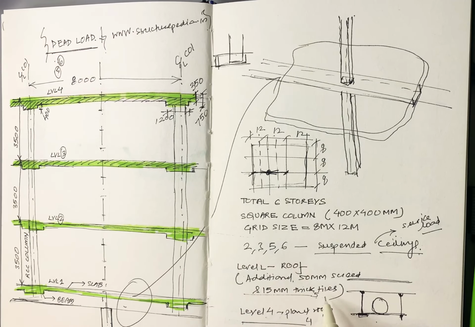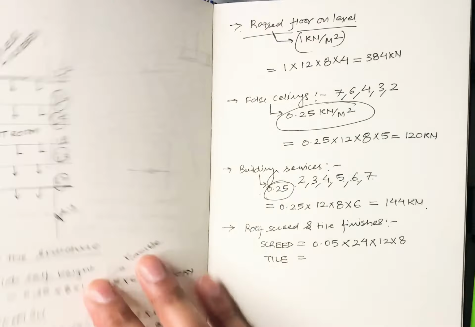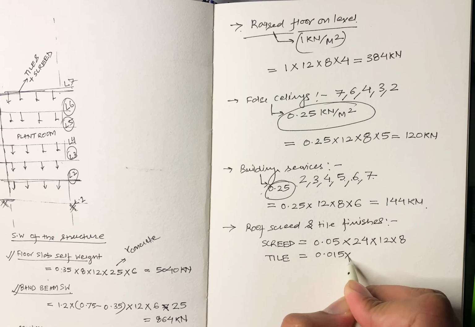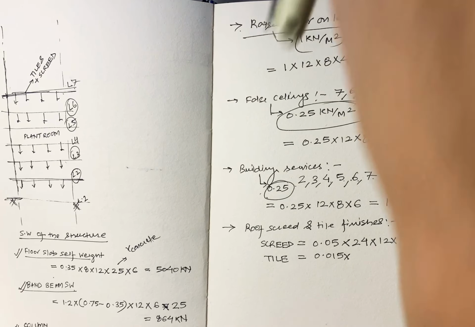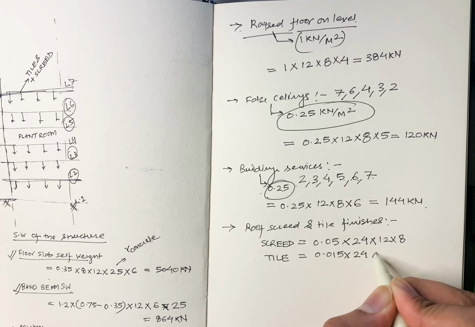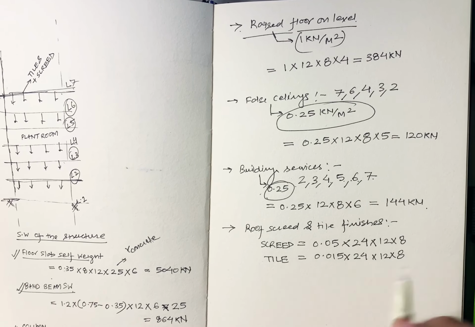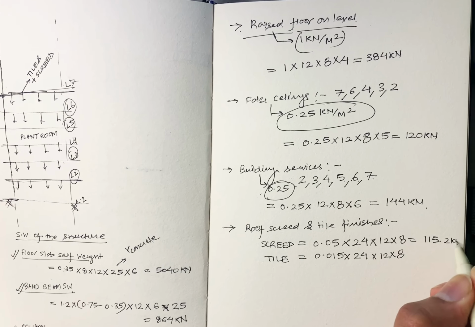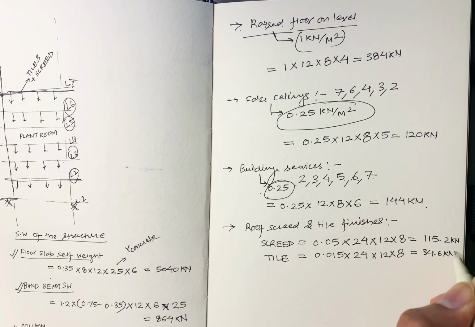Again, the thickness of tile is 15 mm, so 0.015, and the density of tile is 24. The grid span is 12 and 8. Okay, so this is 115.2 kilonewton, and this is 34.6 kilonewton.